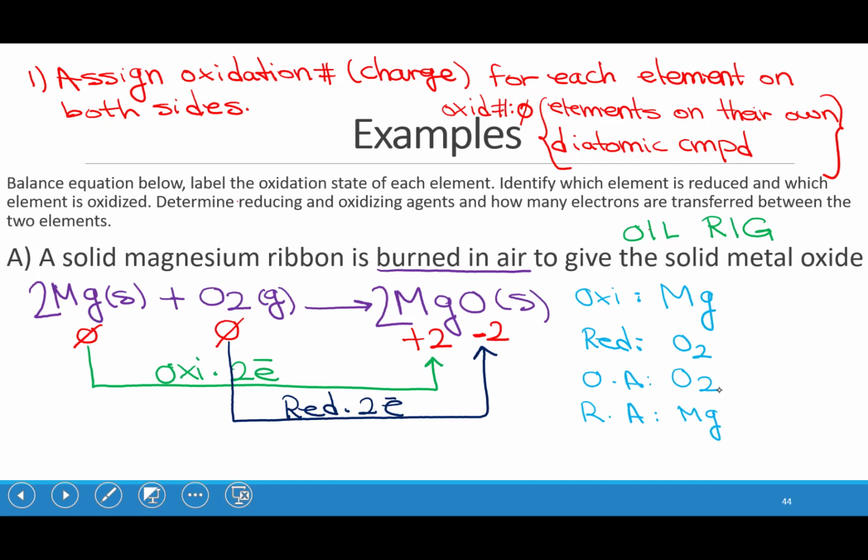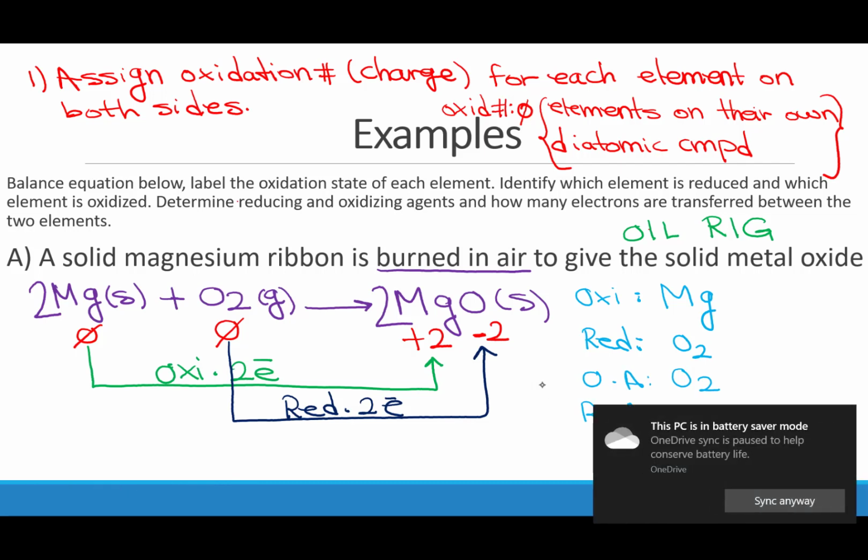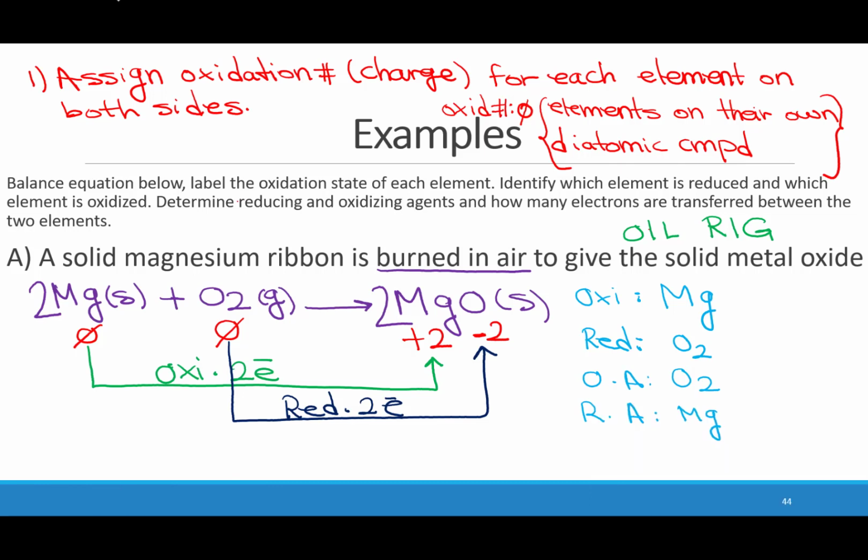Now, how many electrons are being transferred? Okay, give me 1 second. Then magnesium has lost 2 electrons. Oxygen has gained them. Then how many? 2. Then transfer of electrons.